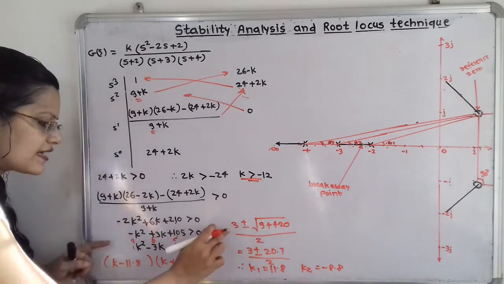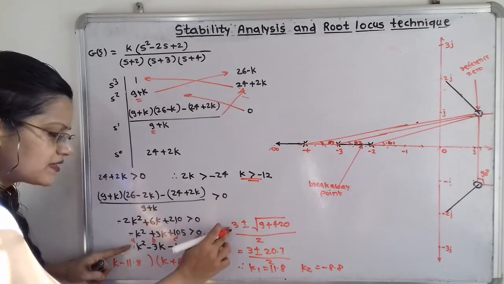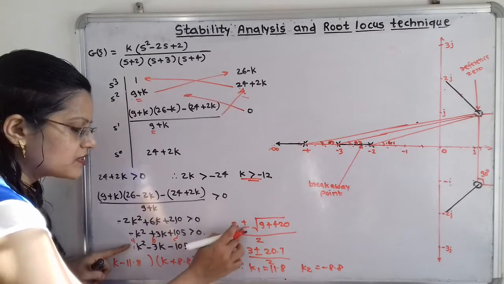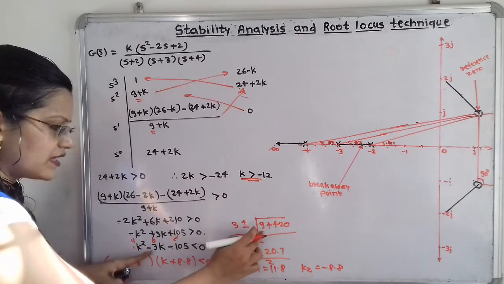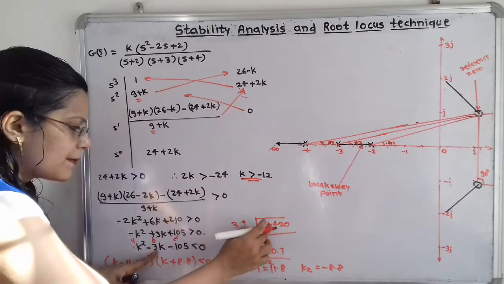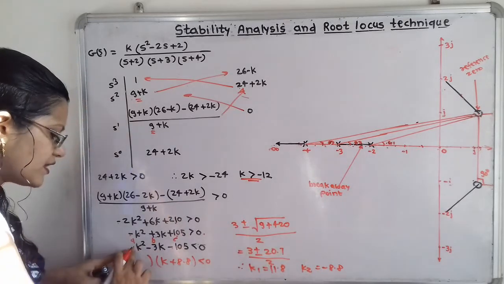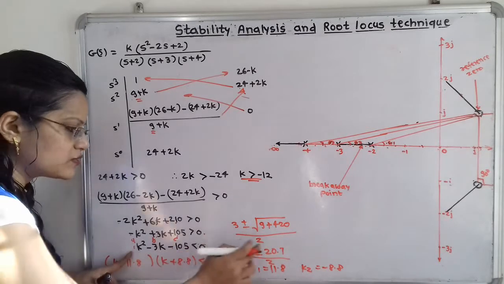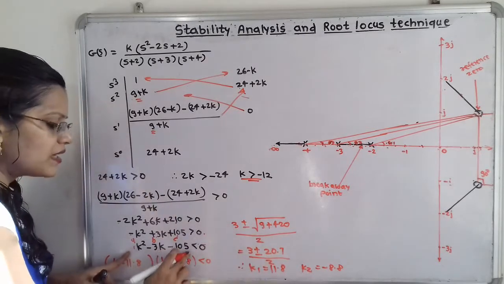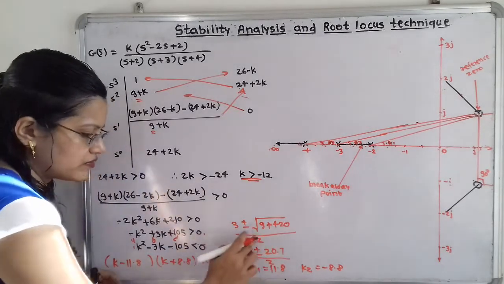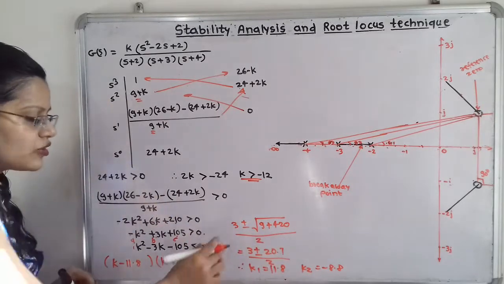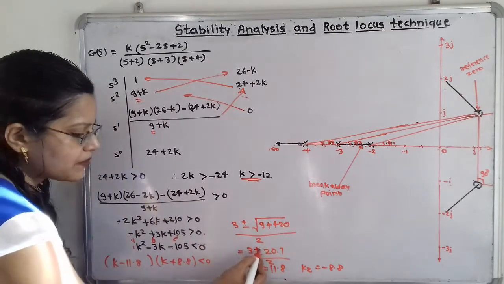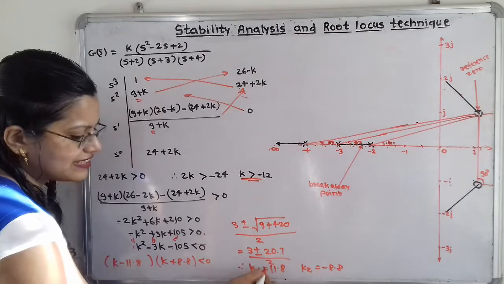So if I take minus minus, it will become plus 3 plus minus under root of b square, that is 3 square, 9, minus 4ac. Here a is 1, c is minus 105, so minus minus will become plus. So 4 multiplied by 105, that is 420, divided by 2. So again we will simplify this. 3 plus minus 20.7 divided by 2.